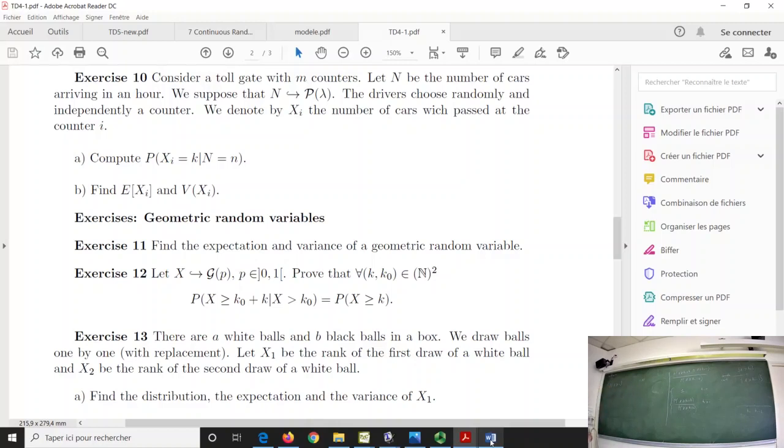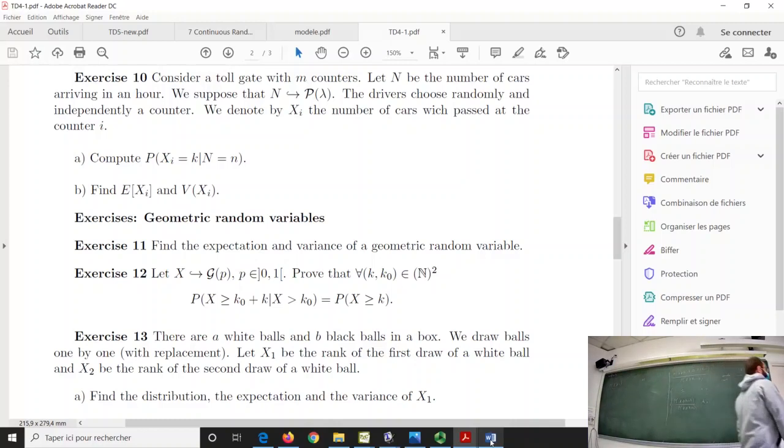It's what I have to do. If I am able to compute this one, replacing i by k0 plus k, I will have this term. Replacing i by k0 plus 1, I will have this term. Replacing i by k, I will have this term. And so I will just have to do the ratio and compare with this quantity.